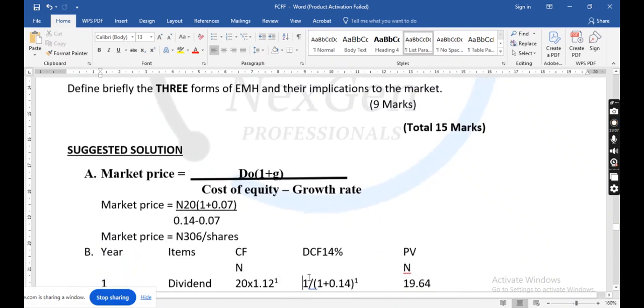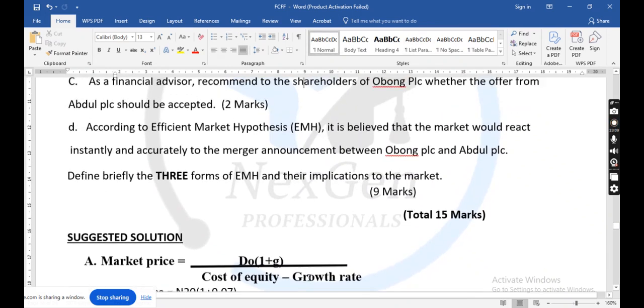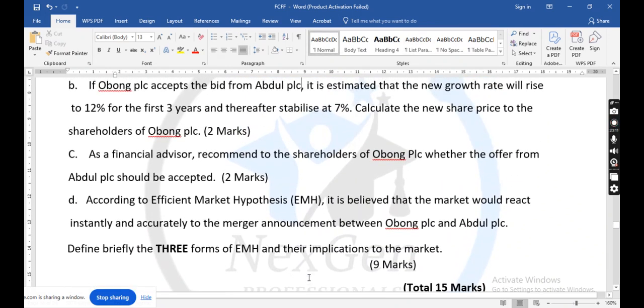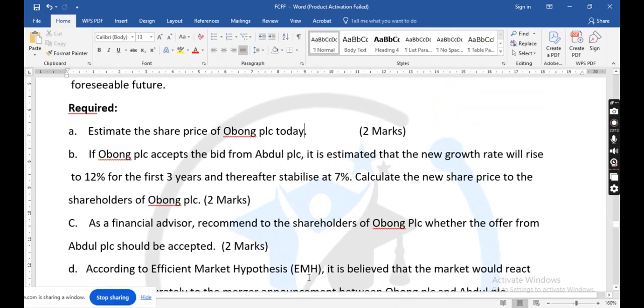And we've calculated that. Now, the next question says that as a financial advisor, you should recommend to the shareholders of Obong whether the offer from Abdul should be accepted. Class, if you want to make your recommendation, you have to compare the current share price of Obong and when Abdul takes over.